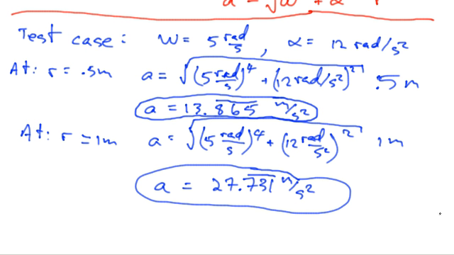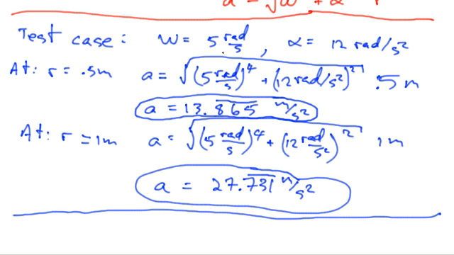So I get something to check the code against, to make sure that for the case where omega is 5 radians per second, alpha is 12 radians per second squared, we get about 14 meters per second squared at the halfway point on the graph, and roughly 28 meters per second squared at the max.